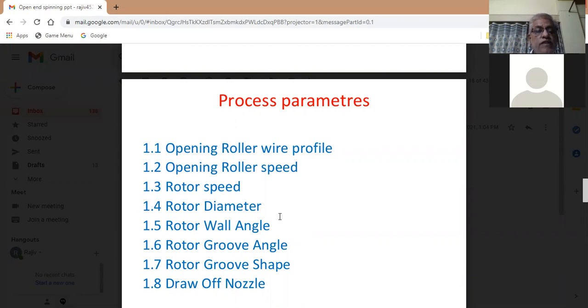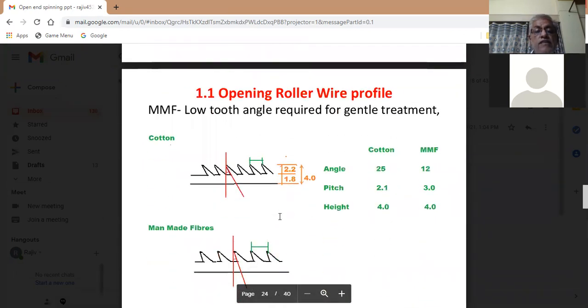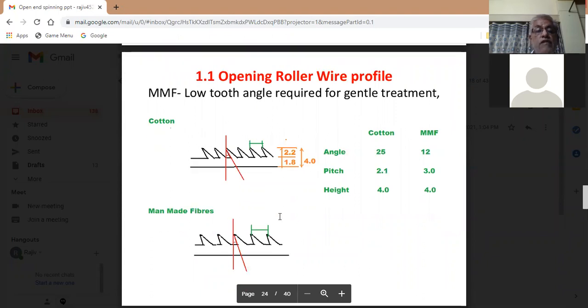Till now we have studied opening roller wire profile and opening roller speed, their effect, effect of rotor speed, effect of rotor dia, and now we are studying the geometry of the groove. Rotor wall angle effect we have already studied. We have already discussed the wire profile for cotton and man-made fiber.